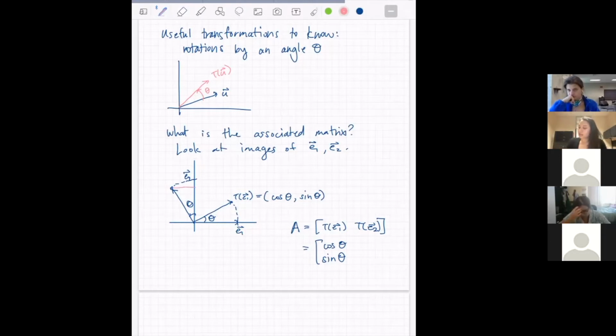So this distance right here, that pink line that I drew, that's going to be the sine of theta, because this vector has length 1. We rotated it, it didn't change in length, so it'll still be length 1.